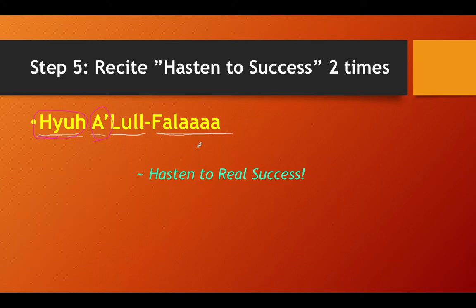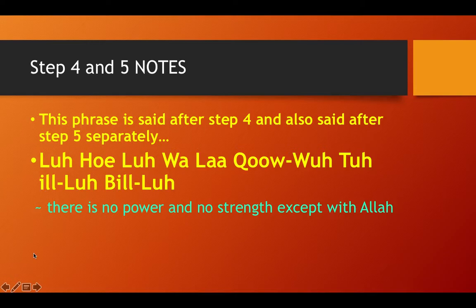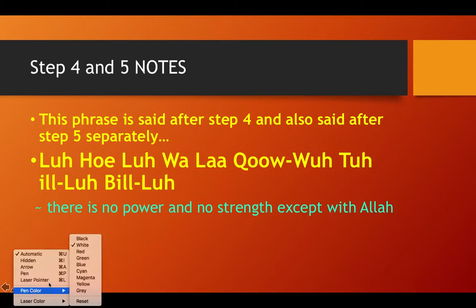So let's say it together one more time and follow along with me. Hayya alal falah. And remember to note that the A and apostrophe indicates a letter ayn, like an sound, okay? So that is what you have to say 2 times. Now, step 4 and 5 notes. This is the exception I was telling you about earlier.